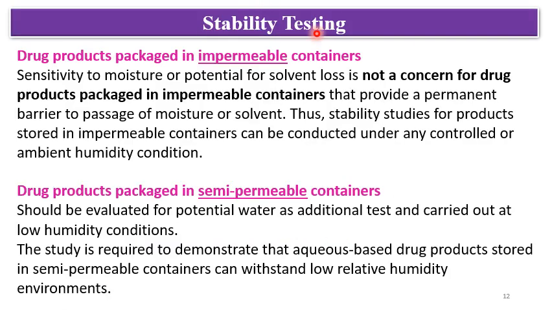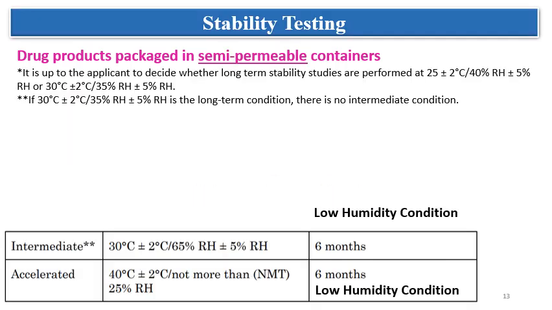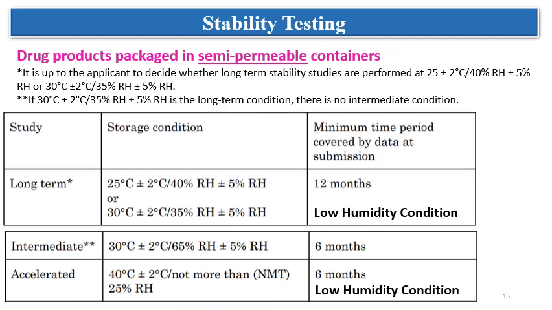Then stability testing. Some of the products are packaged in impermeable containers. Some of the products are packaged into semi-permeable containers. For the products packaged into semi-permeable containers, the stability conditions are given. For semi-permeable container products, we have to test the product at low humidity conditions. So long term is 25-40, where the humidity is lower, and 30-35.